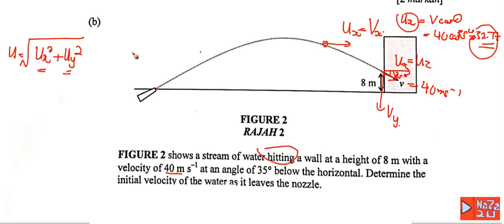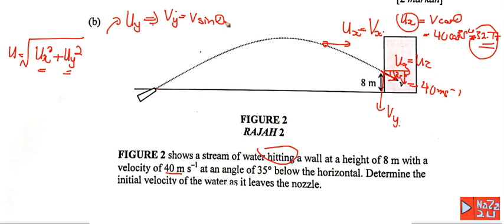To calculate the uy, here we have vy. So vy is equal to v sine theta, from the triangle.